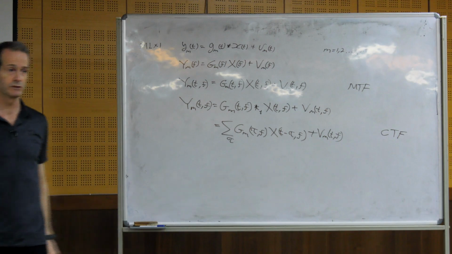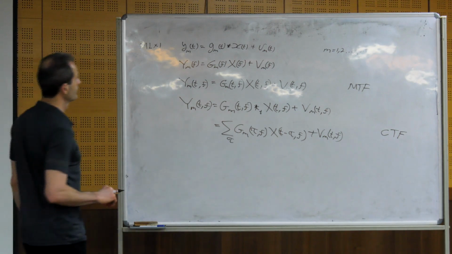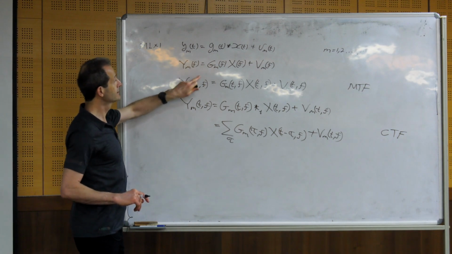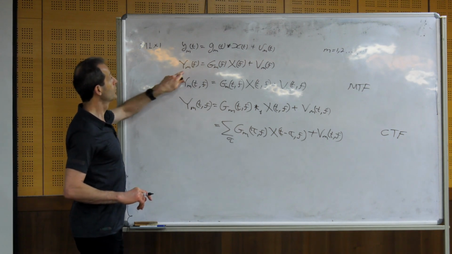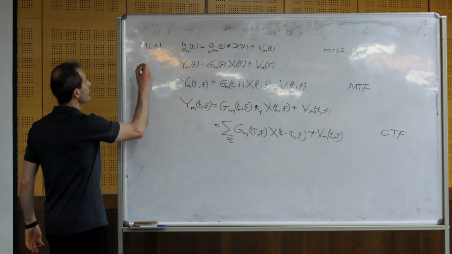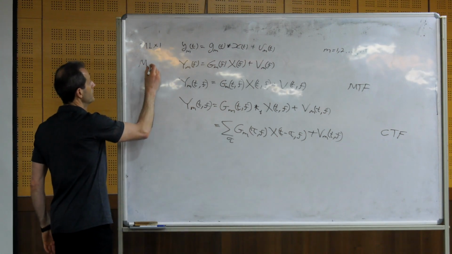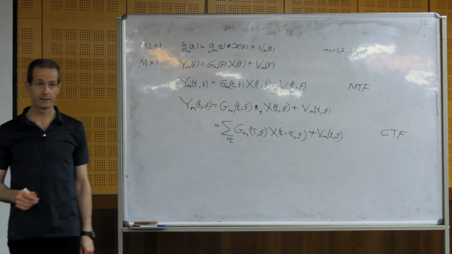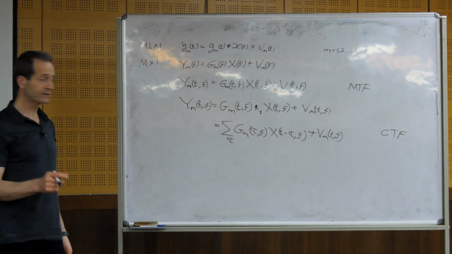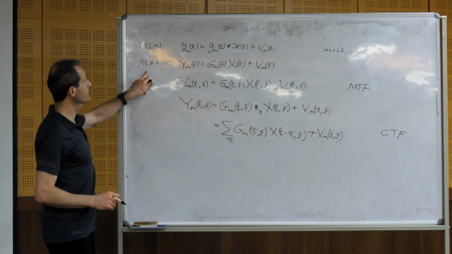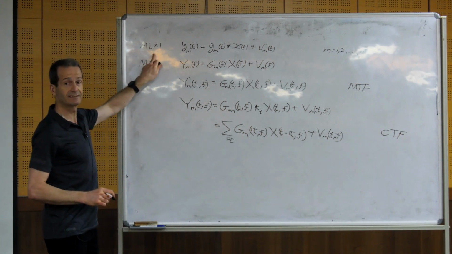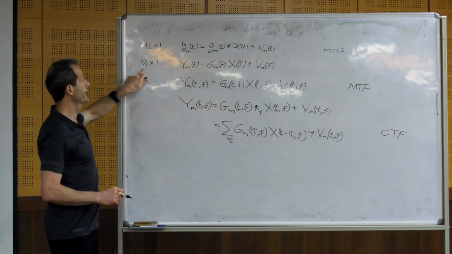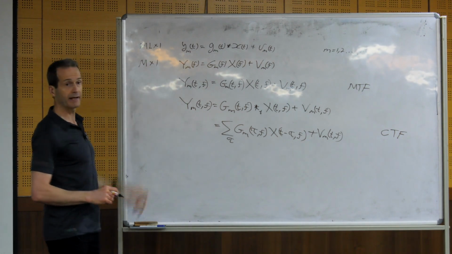In the frequency domain, we worked with vectors of length M. The filters also: here the filters are of length ML, and here we worked with filters of length M.